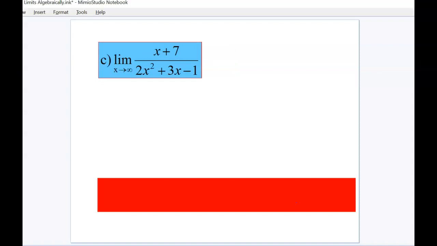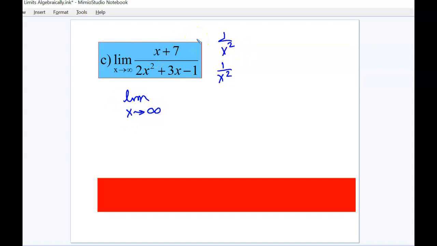Okay, what happens now when the degree of the top is smaller? Well, let's develop a second rule. And again, I'll go through the same procedure. I'm going to multiply by 1 over the highest power in the denominator. And in the top, this is equal to the limit as x approaches infinity.